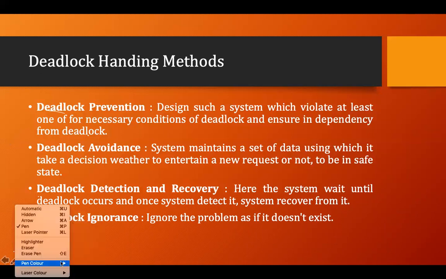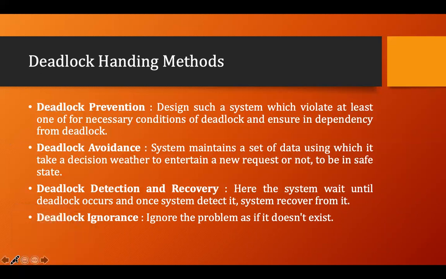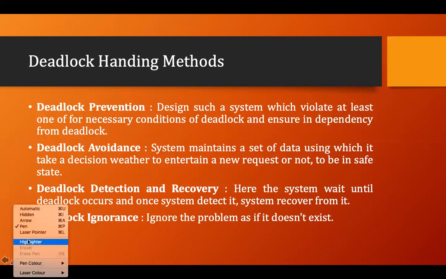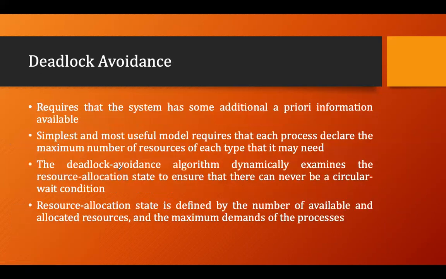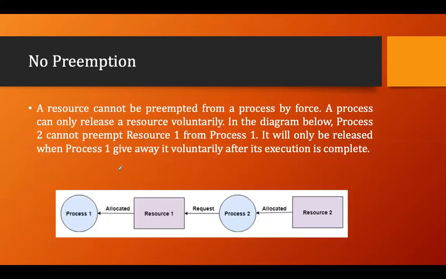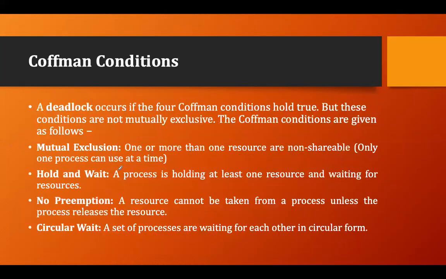If these four conditions occur in the system, then only will my system go into deadlock. We saw them in the last class: the first is mutual exclusion, the second is hold and wait, the third is no preemption, and the fourth is circular wait.